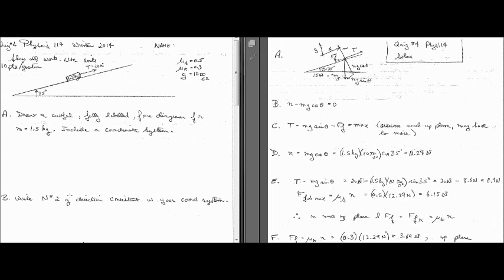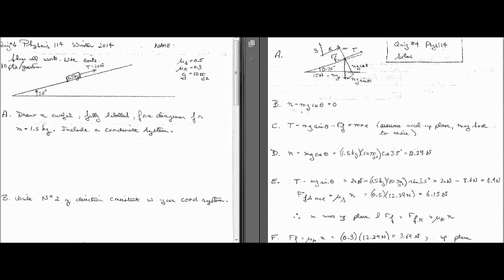Okay, so moving to the second question, B: write Newton number 2 in the y direction consistent with your coordinate system. What I've done with my coordinate system is I've oriented y up, and I've oriented x horizontal and up the plane.